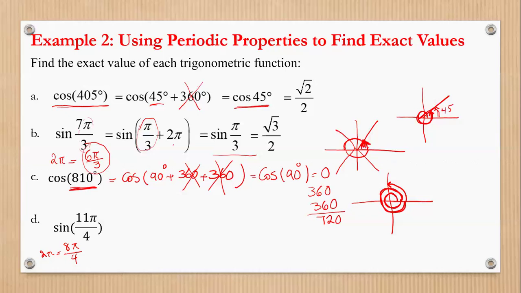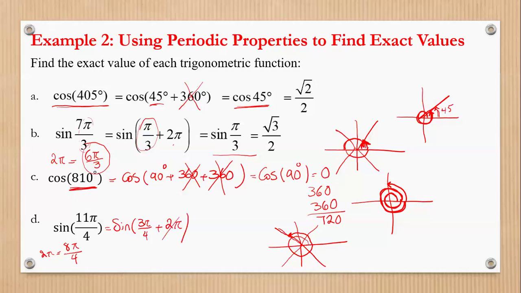If you want to show it on the coordinate plane, 11 pi over 4 is 1, 2, 3, 4, 5, 6, 7, 8, 9, 10, 11 pi over 4. It's over here, which means it's 3 pi over 4 more than 2 pi.